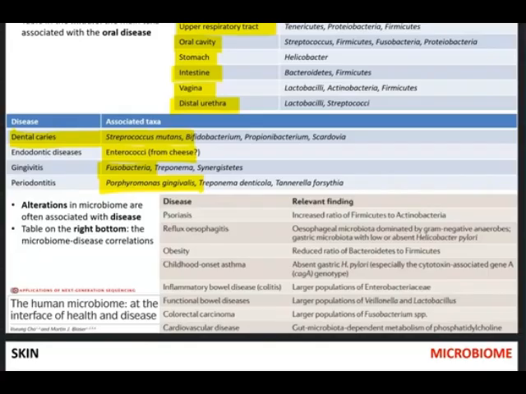Anyone in this room is planning to join the dental hygiene program? Yeah. So this microorganism here, Porphyromonas gingivalis, was tested in mice for its ability to somehow trigger Alzheimer's disease in mice.